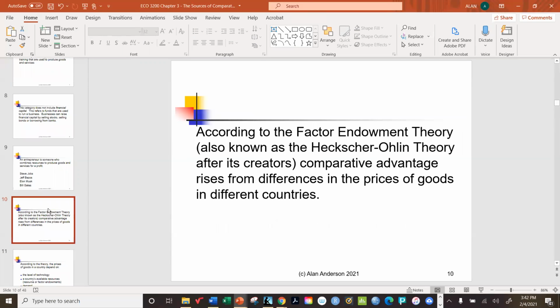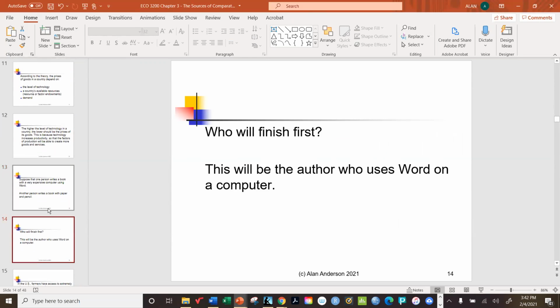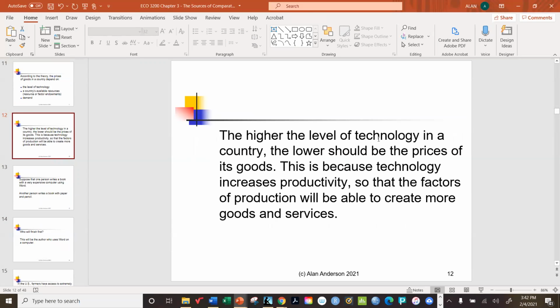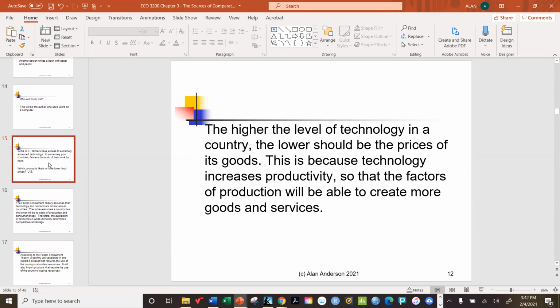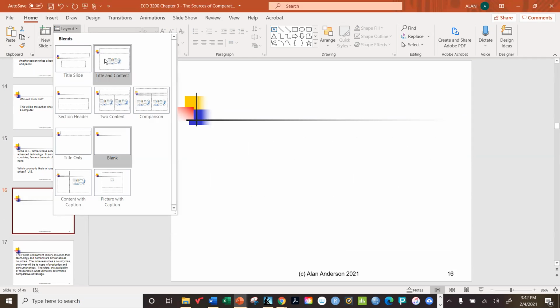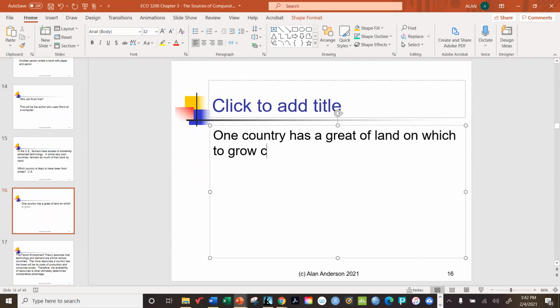Okay, so what about resources? All right, well, let's think about this. Now, these resources could be anything. Let's say that we have two countries. One country has a great deal of land. Let's think about land itself on which to grow crops.